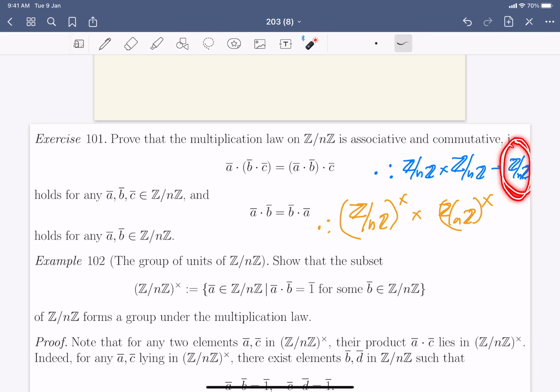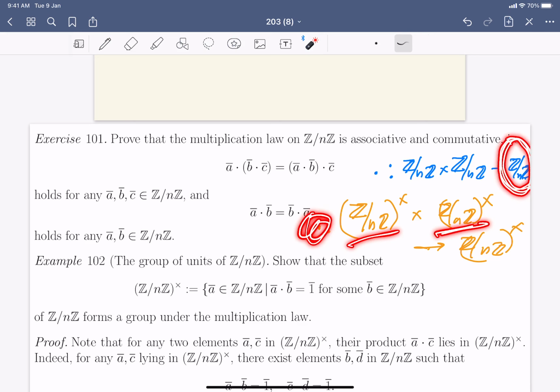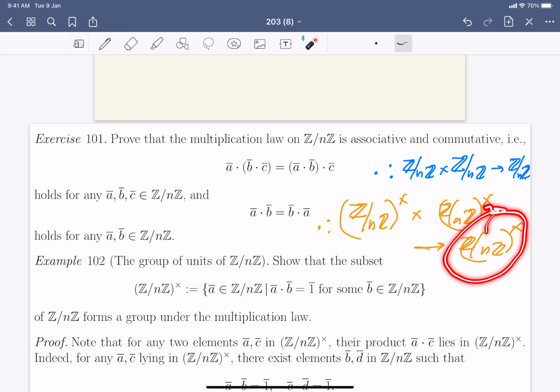It is not apparent that it will land within Z mod nZ cross. If it doesn't, then Z mod nZ cross will not form a group under this composition law. So it is guaranteed that the product lands in Z mod nZ, but you have to make sure that the product lands within Z mod nZ cross. That's the very first step.